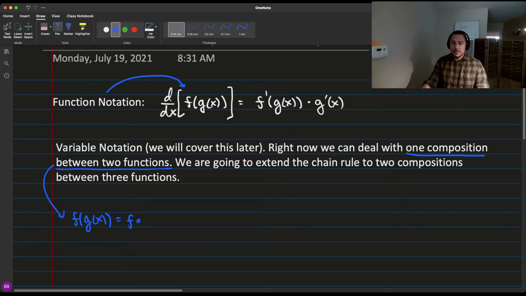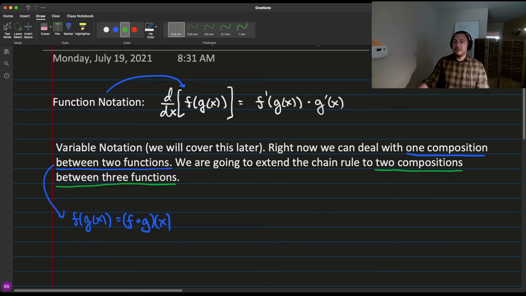That's how you write f compose g. Notice that there's one composition: you're feeding a g into an f. But you need two functions to do that. So a composition requires two different functions. If you have two compositions, you can pull that off with three functions.